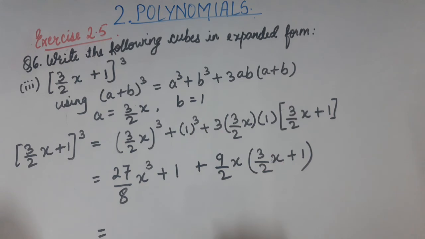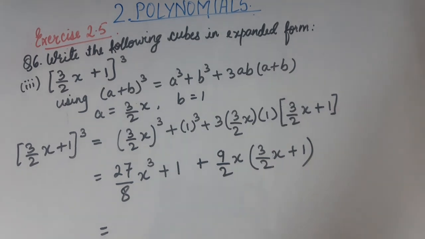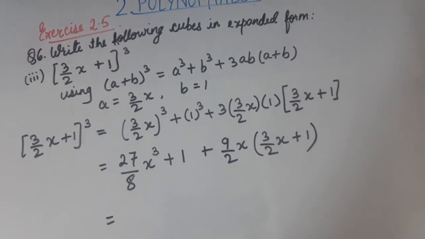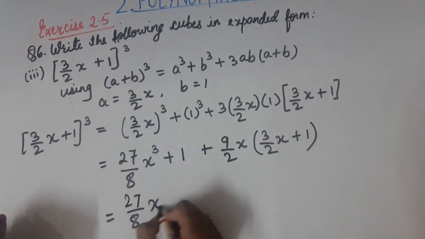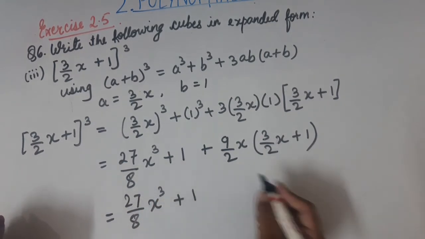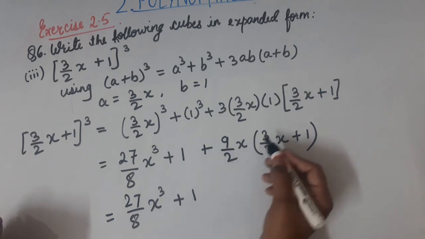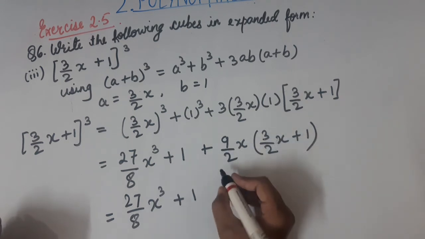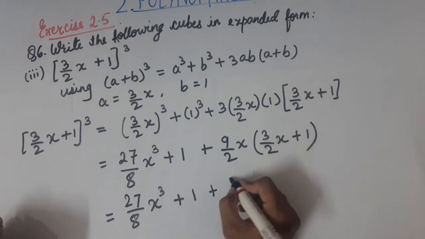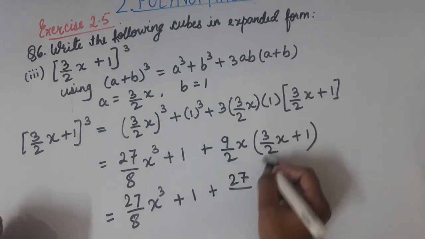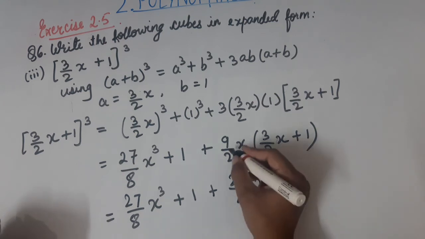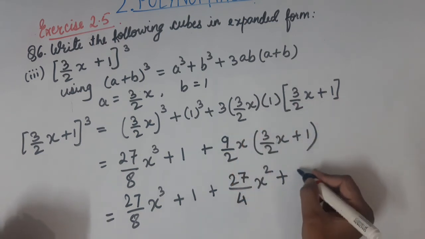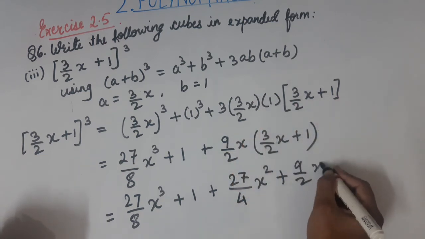You will get 27 upon 8 x cube as it is plus 1. Now 9/2 x into 3/2 x: 9 into 3 is 27 upon 2 into 2 is 4, x into x is x square, plus multiply 9/2 x with the second term, that is 1. You will have 9/2 x.